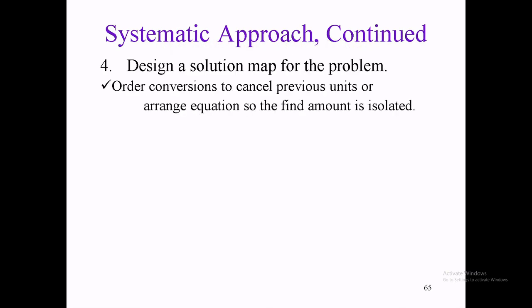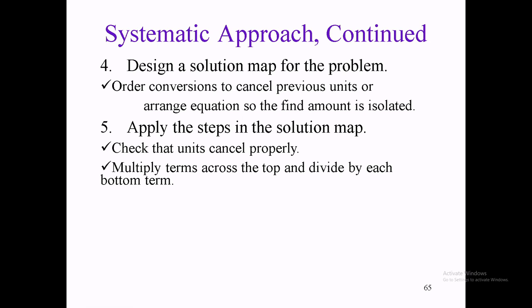We're going to design a solution map for the problem. So we're going to order the conversions to cancel the previous units, or arrange the equations so that we can find the amount that we need. So it's isolated. We're going to get the thing that we want on one side of the equation all by itself. We'll apply the steps in the solution map.